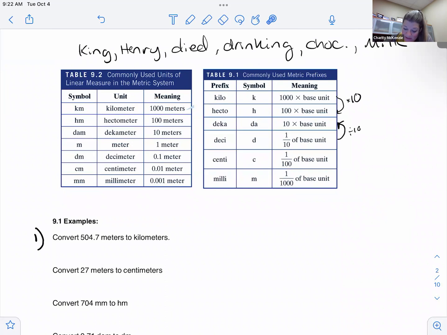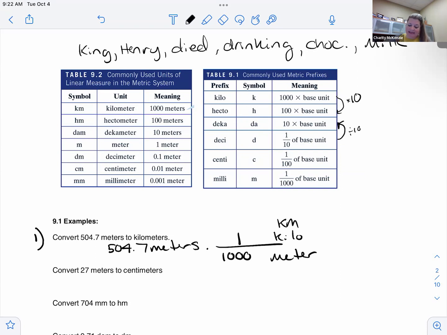What we could do is say, I have 504.7 meters, and I want to times that by something to get kilo here and get meters to cancel. Right now you can say there are 1,000 meters in 1 kilometer. And I really should label this km, because that's what it says here.